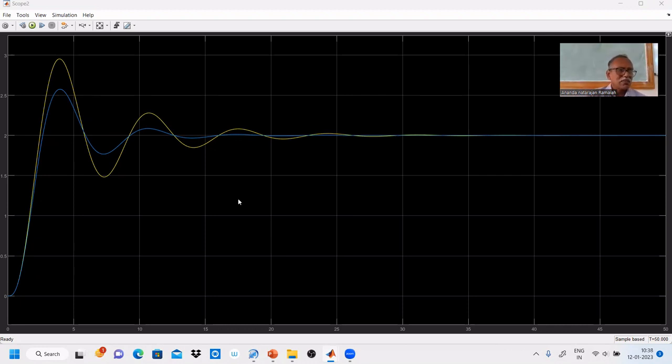Sometimes there is no noise. It is not a stochastic process. It is a deterministic simulation. Deterministic simulation means no noise is there. It is not a stochastic simulation. Stochastic simulation means practical situations will be included. It quickly settles because of our D mode.